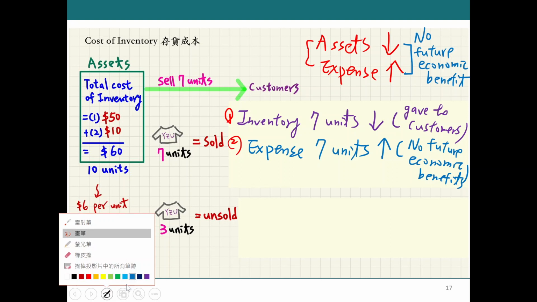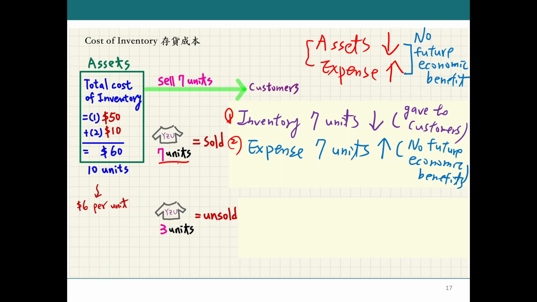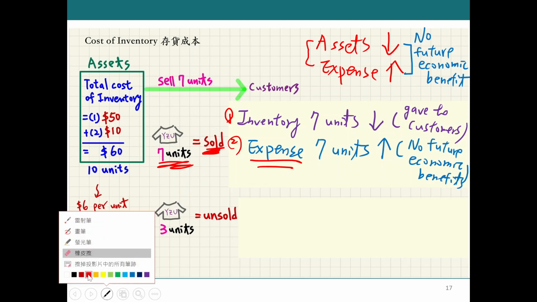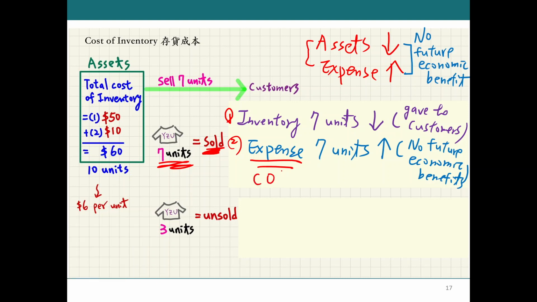So about your inventory sold, this name about expenses, we call it cost of goods sold. 销货成本. Okay, any questions?